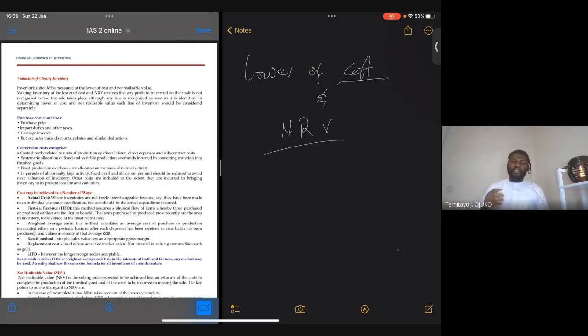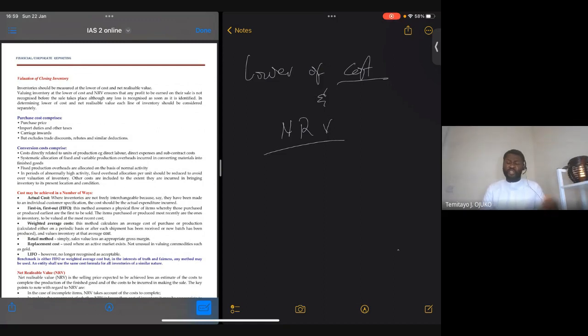Now, all things being equal, naturally, your net realizable value should be greater than your cost. But then we have some situations where the net realizable value is lower than the cost. For example, when there's damage, when there's a loss in value of a particular inventory.